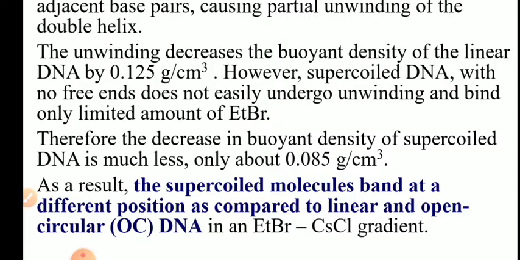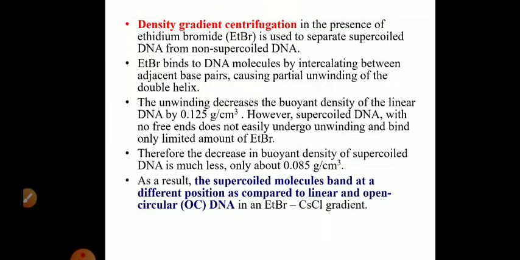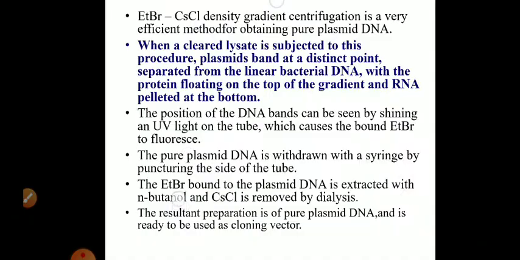That is only about 0.085 gram. Naturally, as a result of this, the supercoiled plasmid DNA will band at a different position as compared to linear and open circular DNA in the ethidium bromide cesium chloride density gradient tube.